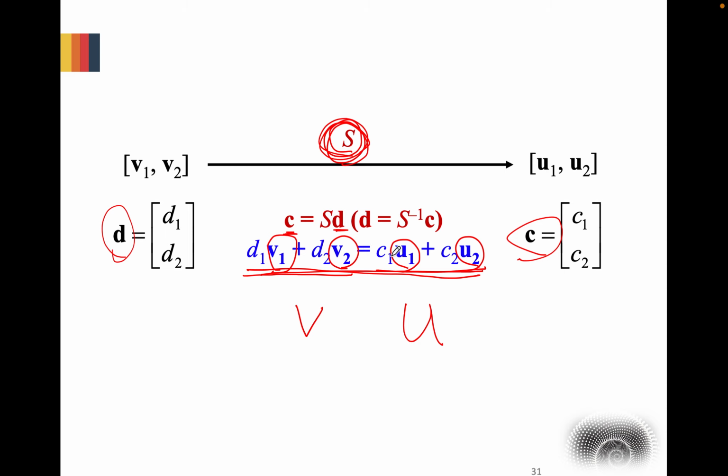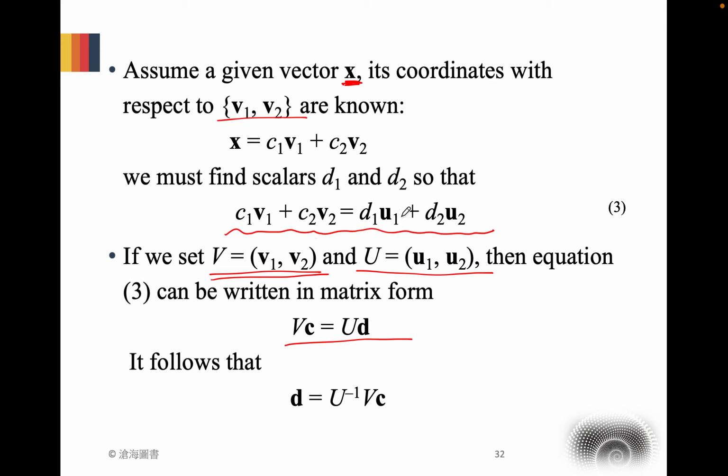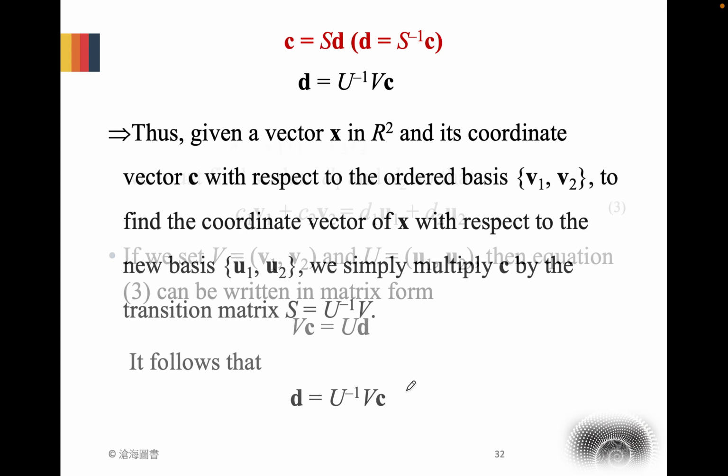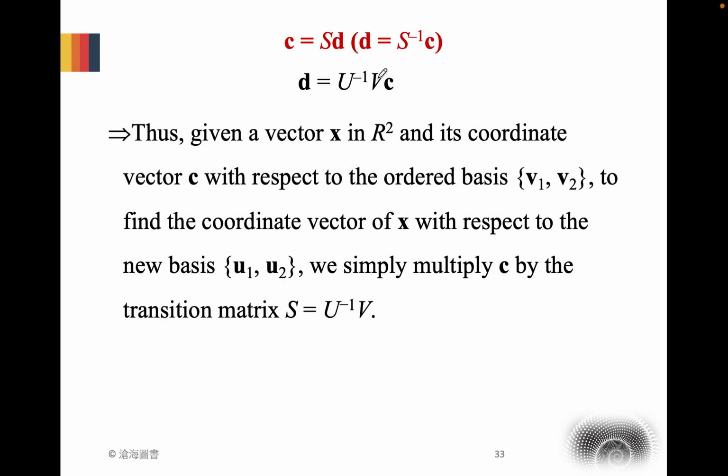Sorry, the notation here is different. So just look at this. So in this case, VC is equal to UD. Okay, and then D is equal to U inverse VC, right? Correct? Okay, so D can be written as U inverse VC.